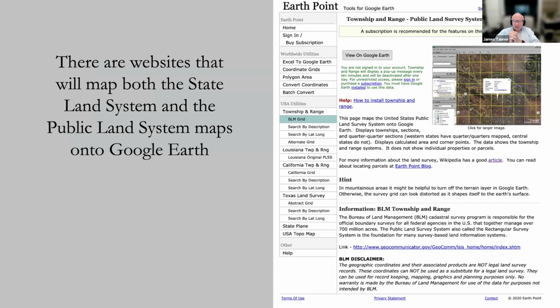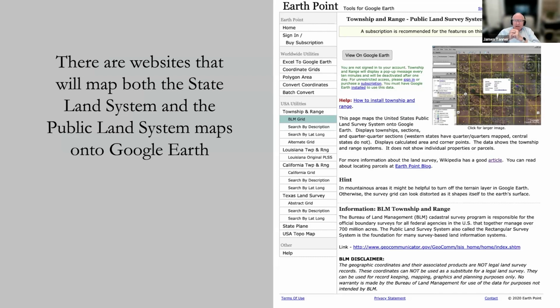It's called EarthPoint, and you can then put in the description of the property. Obviously, you need to know the state and the name of the survey. But then these programs will create a file that shows the exact location of the property on a Google Earth map.